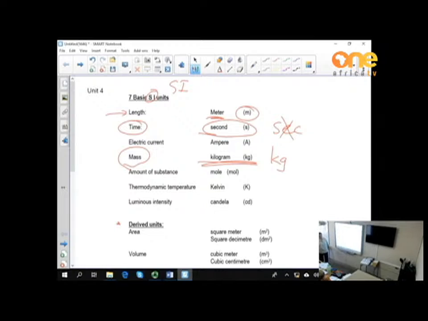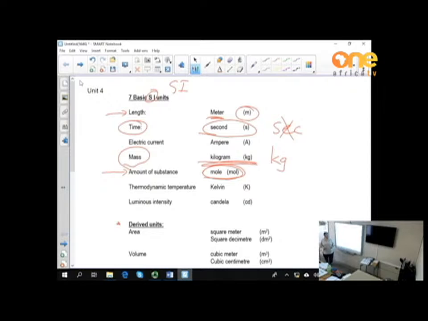not a capital letter K. That means something different. Then when we get to chemistry, we will have a look at the amount of a substance. That's number of moles. Now, I won't worry too much about it. When we do the work, I'll explain to you a little bit more about the mole. But a mole is similar to a dozen. If I say to you, I have a dozen children, how many children do I have? 12.